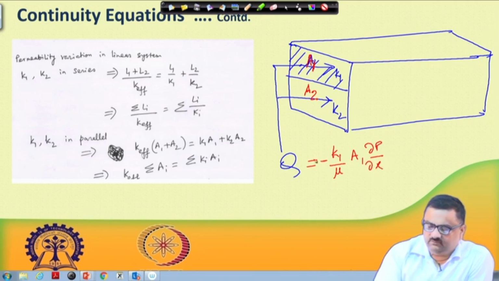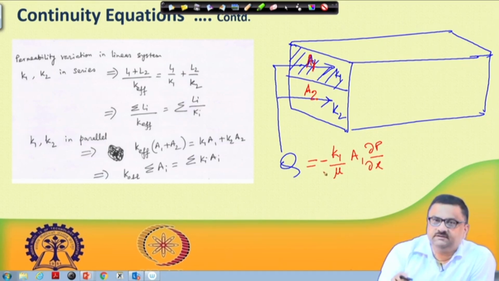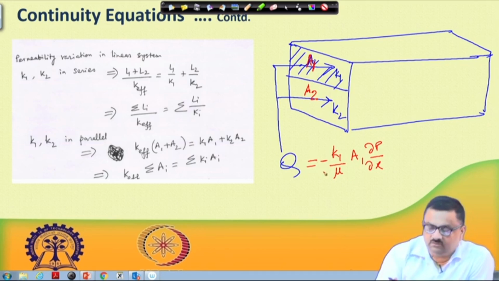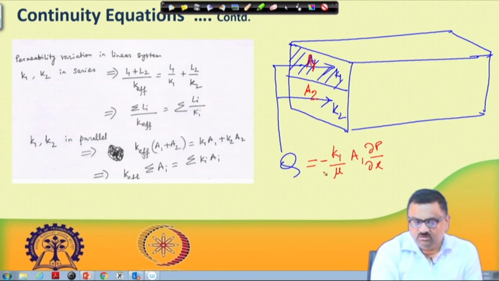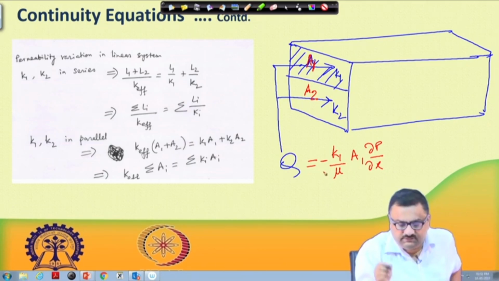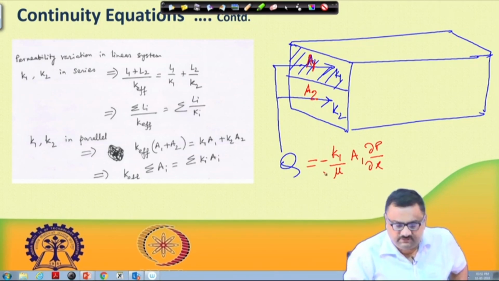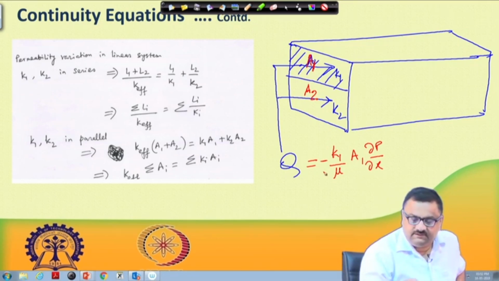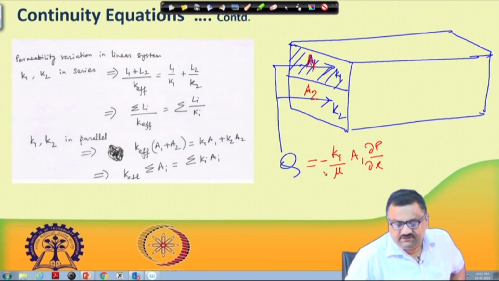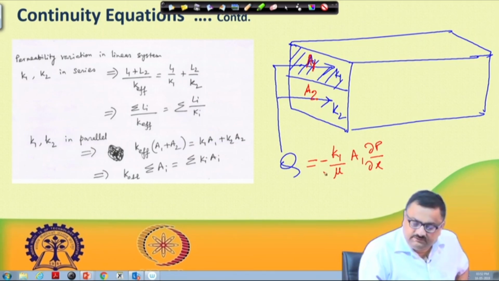I am putting the minus sign because this Q is in the same direction as the velocity; this Q is not production from a well. So, do not get confused with the use of the same symbol Q. This Q is the total flow rate in the x direction. So, this is one thing, and the second thing is minus K2 by mu into A2 into del P del x.